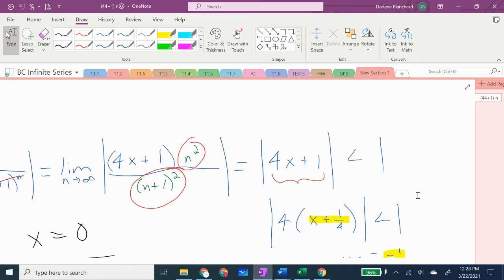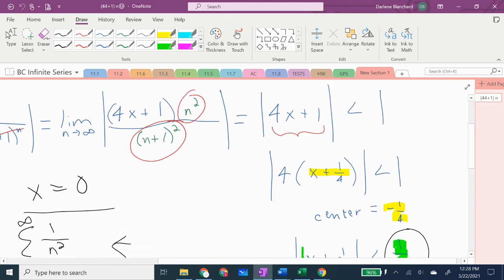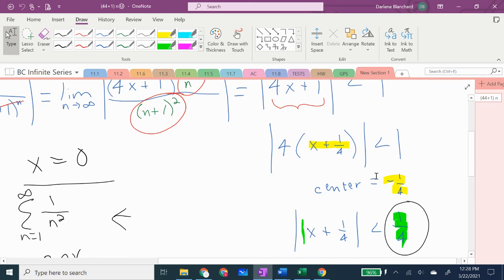Now, realize what you can do to save yourself time. If you factor this 4 out and then divide by that 4, you can then figure out, let me erase this and clarify what is what.